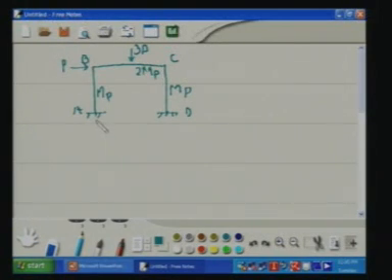So, this is our structure, and the length of the beam is L, and let us take this also as L.